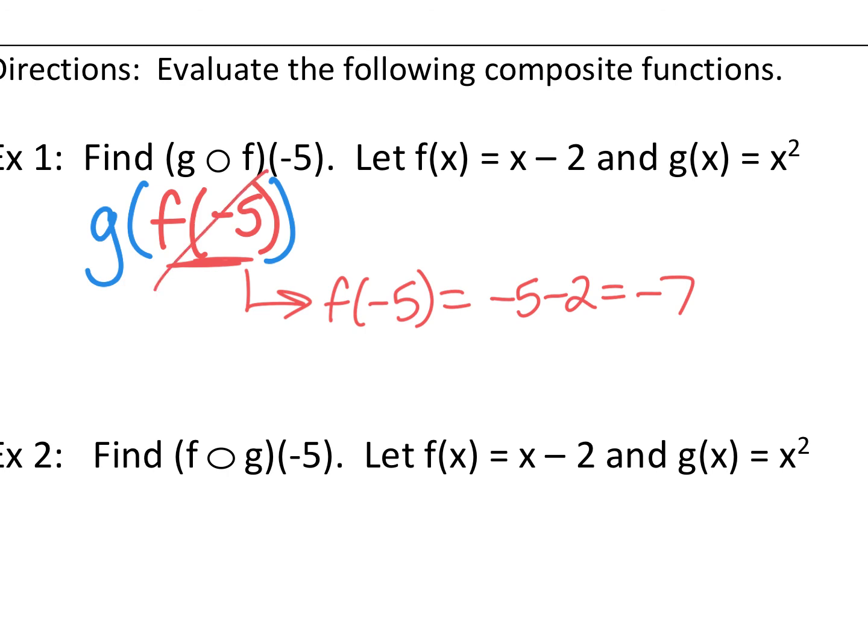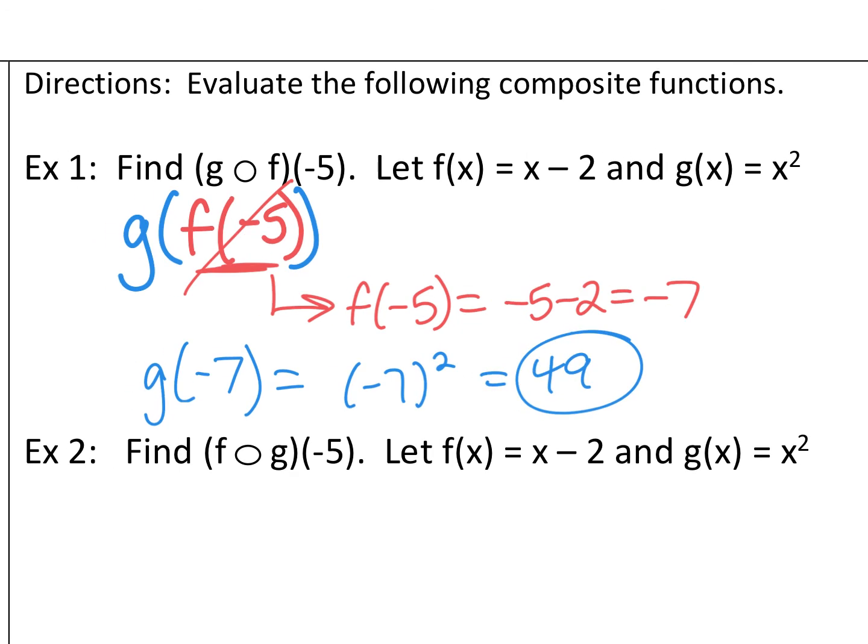I'm just going to change that f of negative 5, and now I'm just finding g of negative 7. Because I just found what f of negative 5 was. I'm just replacing it. So now what? 49. Yeah, just plug it into g. So negative 7 squared is 49. Good. Questions on that? Do the next one.